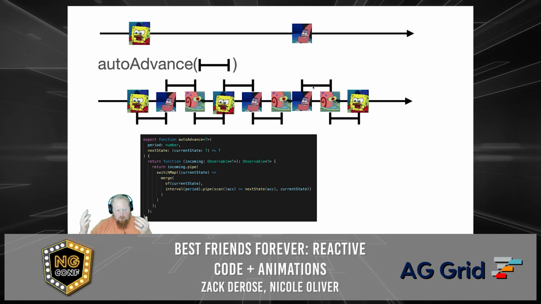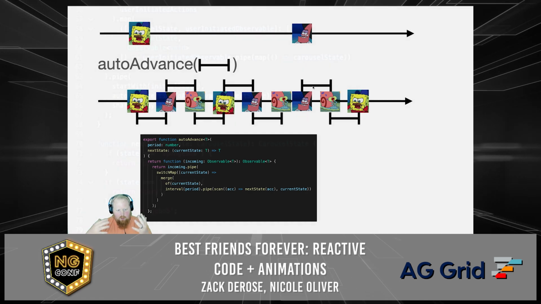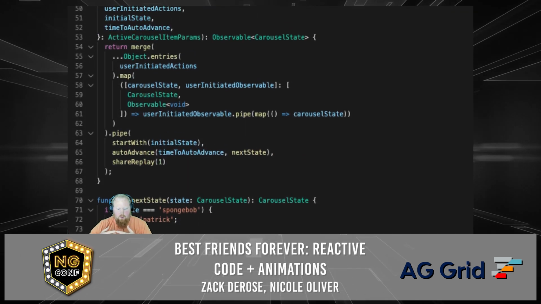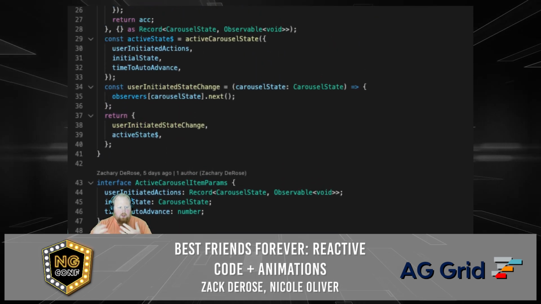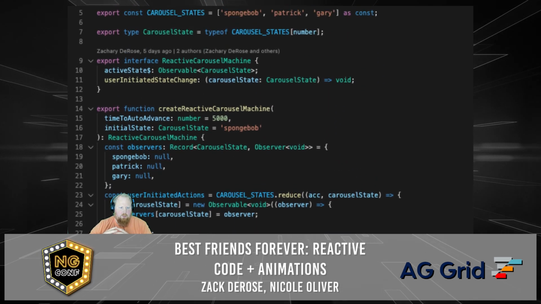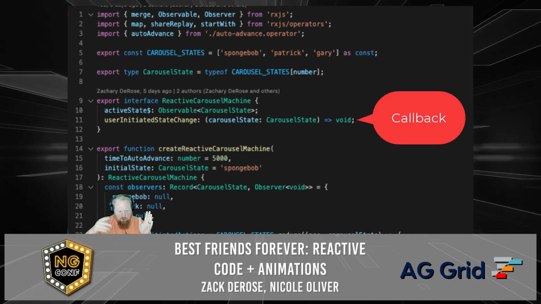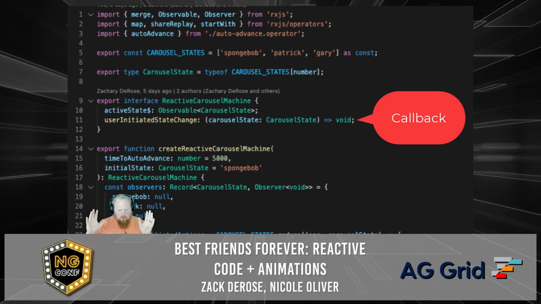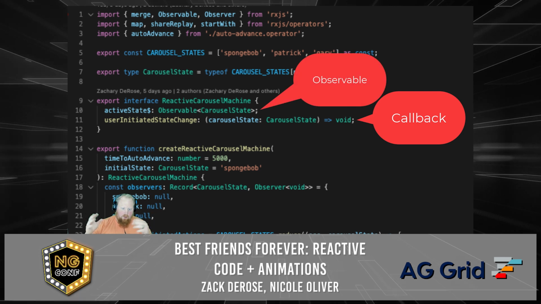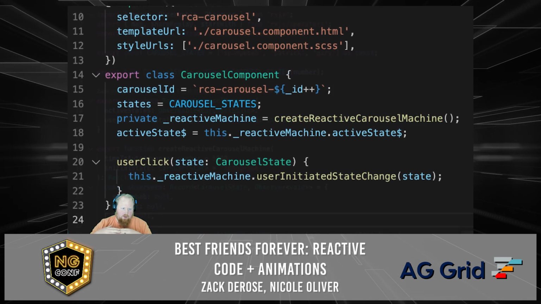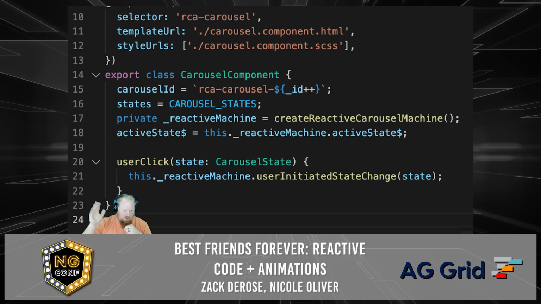Check out the repo if you're interested. There's also some interesting stuff where we encapsulate this all into a closure and expose only a state change callback that we map our clicks to, and then just expose a single observable, so the consumer of our closure doesn't even know any of those operations are happening.